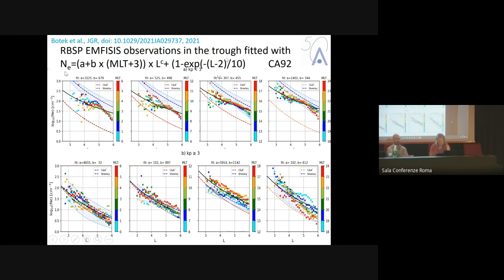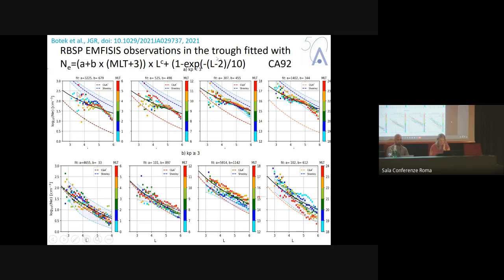And we use the same fit function as was used by Carpenter and Anderson, but using new fits, thus finding these A, B, and C indices to reproduce the observations.